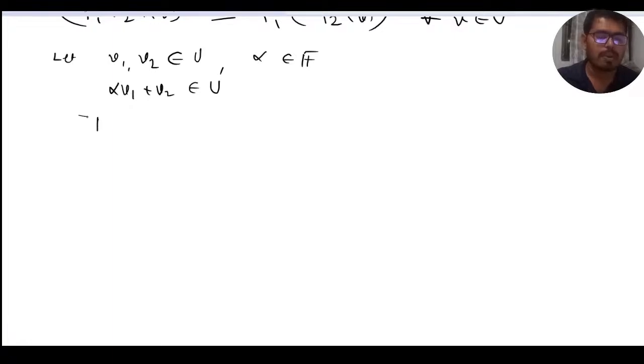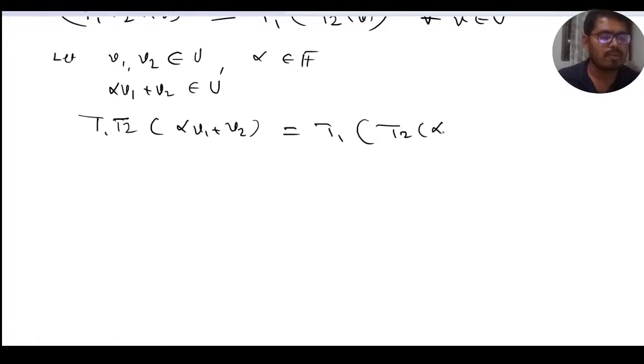Then apply T1 T2 of alpha v1 plus v2. By using the definition, that is equal to T1 of T2 of alpha v1 plus v2. Then T2 is linear, because they have already given that T1 and T2 are linear.